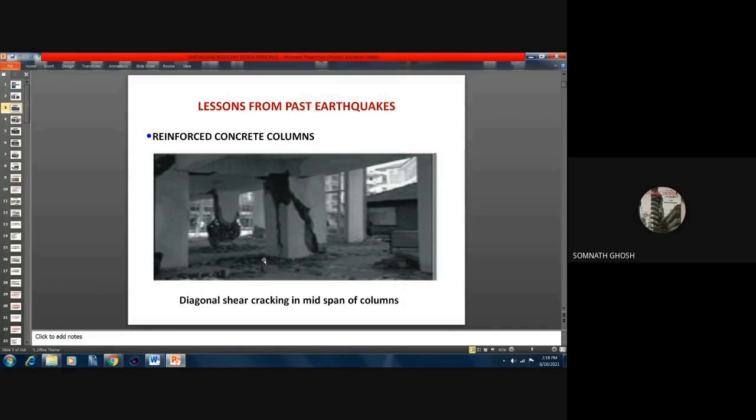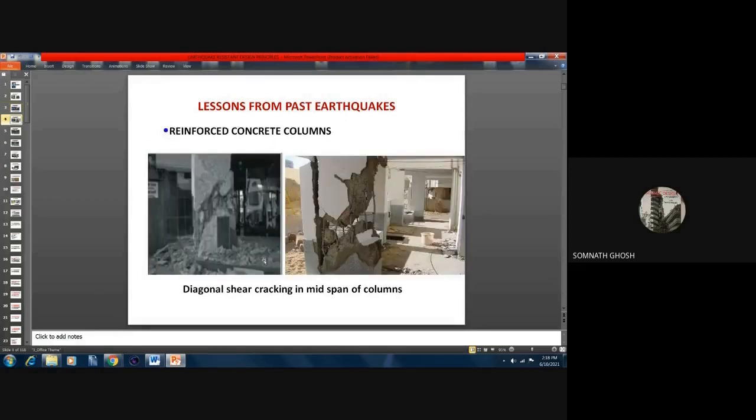Ultimately, I don't think there is any problem in dealing with earthquake resistant design of RC systems or any other such. You see, this is another one, that diagonal shear cracking in the midspan of the column, but it's a different type. Here you just see, both cracked, both are collapsed. Can't use this column again as it is.